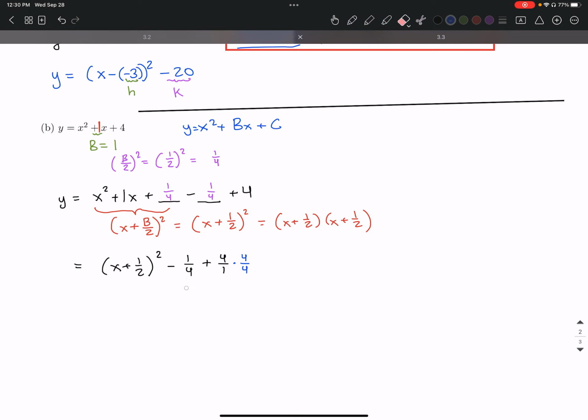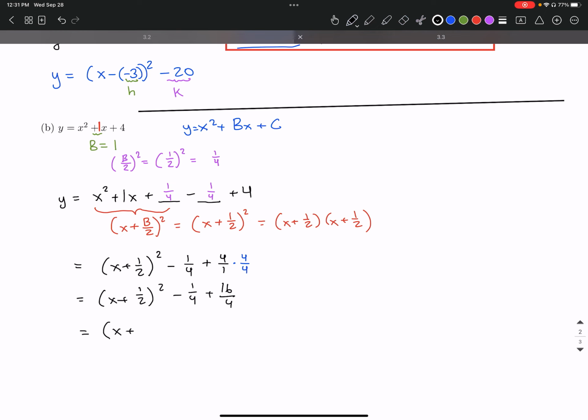Negative 1/4 already has 4 as the denominator. To introduce 4 as the denominator in 4 over 1, I will multiply both the top and bottom by 4. This will give me (x plus 1/2) squared minus 1/4 plus 16/4, and then minus 1/4 plus 16/4 is minus 1 plus 16, or positive 15/4.